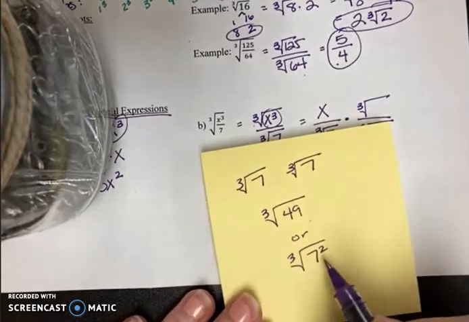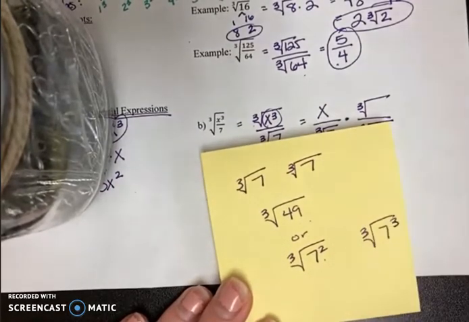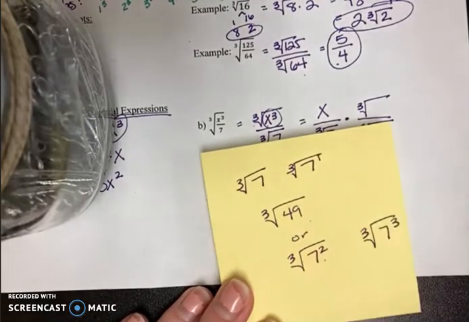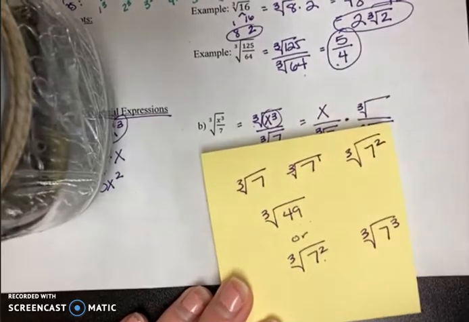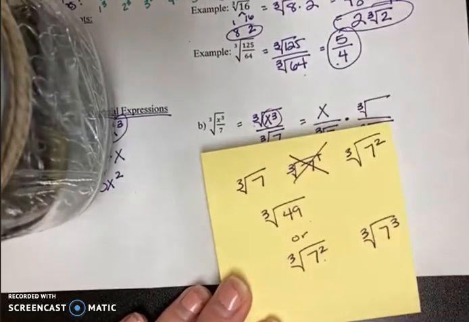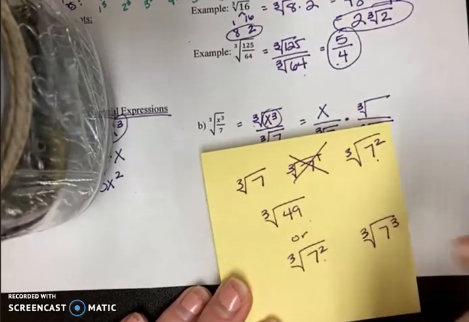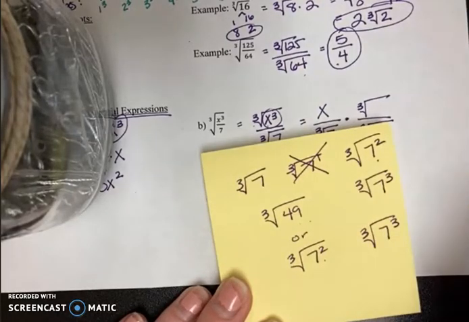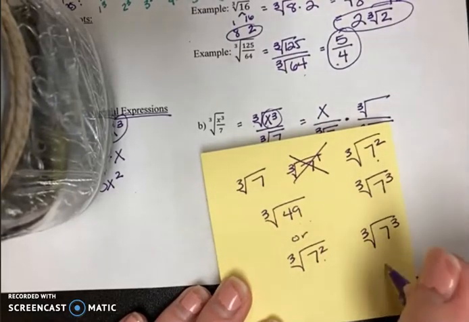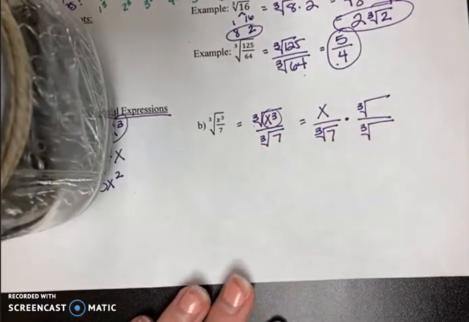So instead of having 7 squared, we want to have 7 cubed. Which means instead of multiplying by 7 to the 1st power, we're going to have to multiply by 7 squared. Because if I multiply 7 by 7 squared, I'm going to get 7 cubed. And this would become just 7 because they're inverses. They cancel each other out.